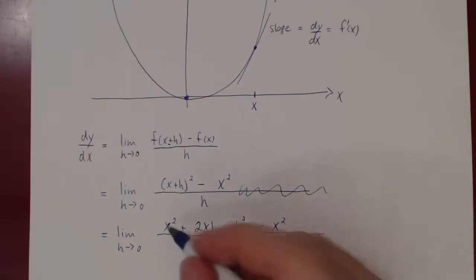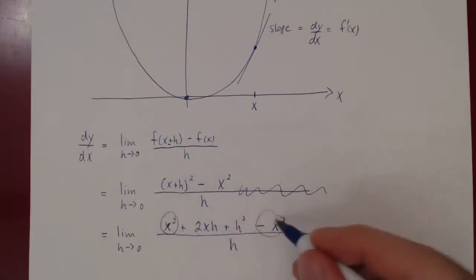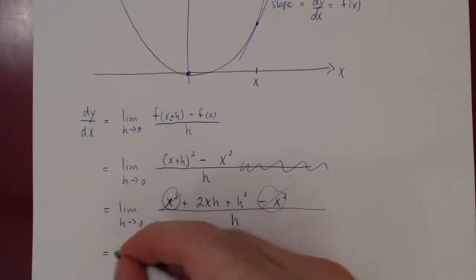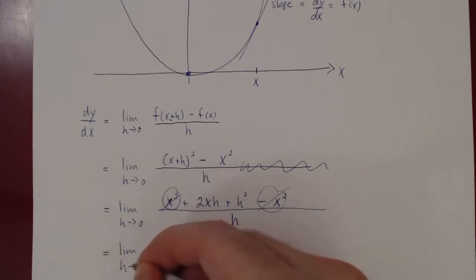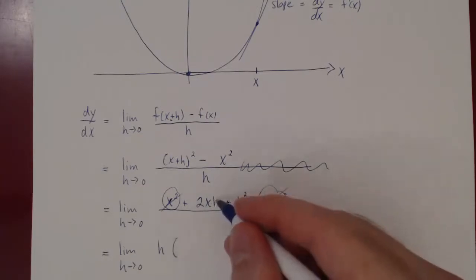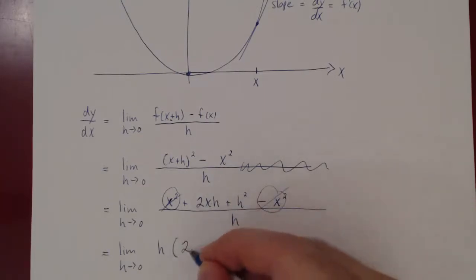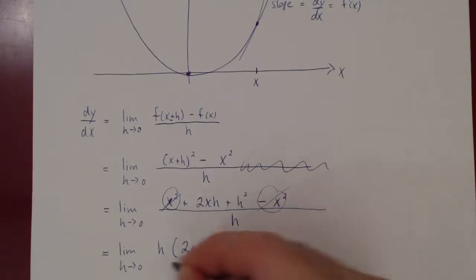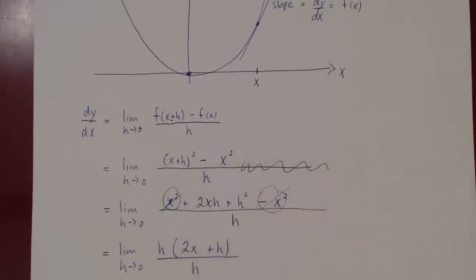Notice that on the numerator, x squared minus x squared both cancel, and we're left with 2xh plus h squared. Both 2xh and h squared are multiples of h, so we can factor it. And if we do, we have h times, if we take away h from this term, we have a leftover of 2x, and if we take h from h squared, we are left with h. And this is over h.